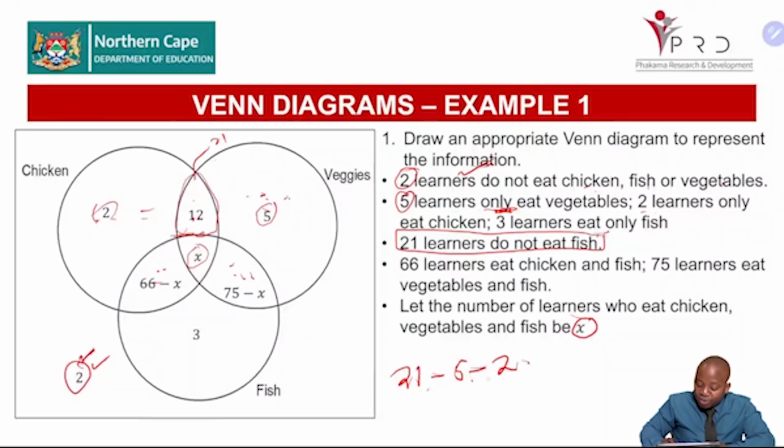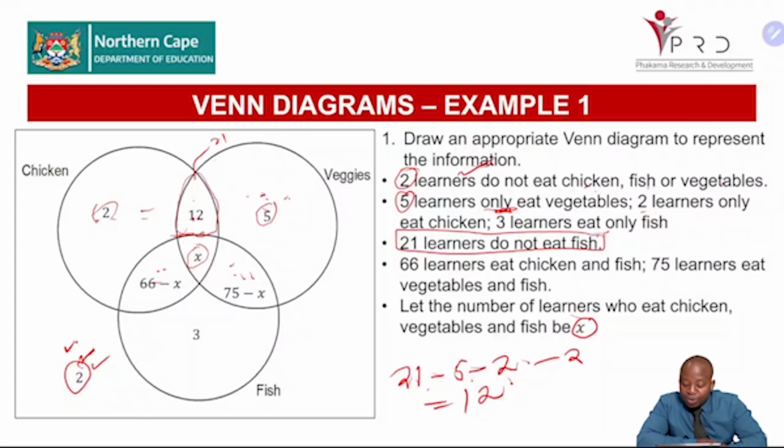So you can see that this is just 21 minus 7 and minus the other 2, which is outside there. Then we get our answer as 12. So that is the value that we are going to get, because this is just 21 minus 9, which is 12.